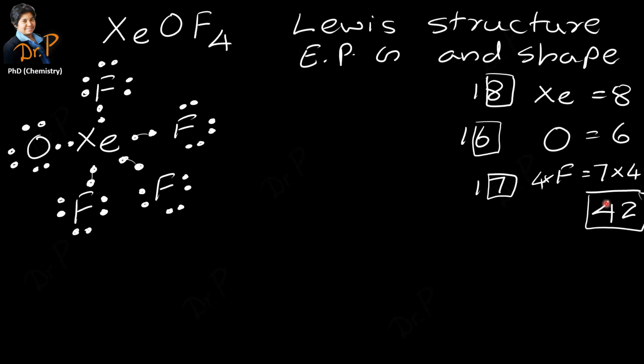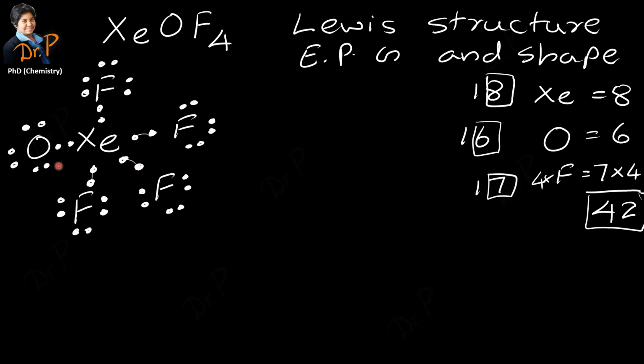Now I have used 40 out of the 42 total electrons. So that means I have 2 more electrons to place, and I know I cannot place any more electrons on oxygen or fluorine because they cannot have more than 8 electrons overall.